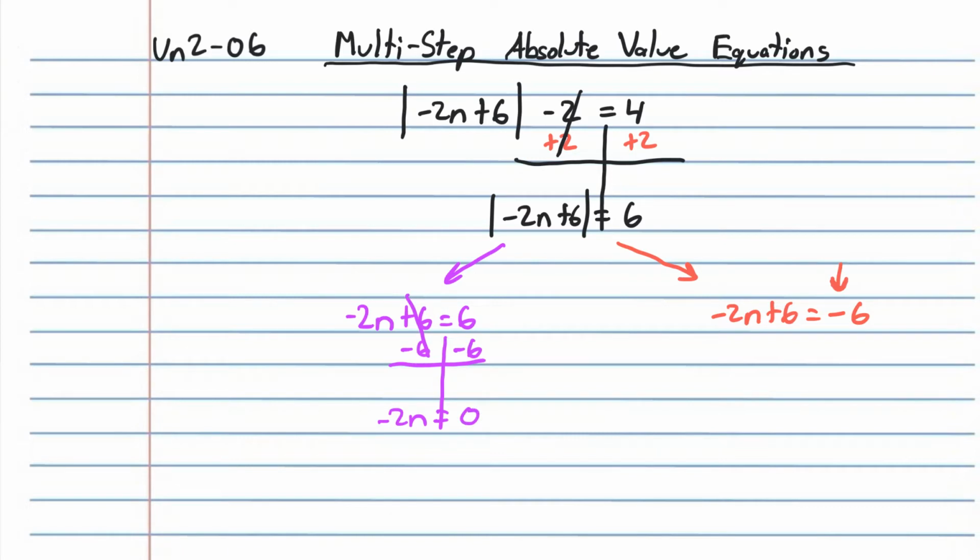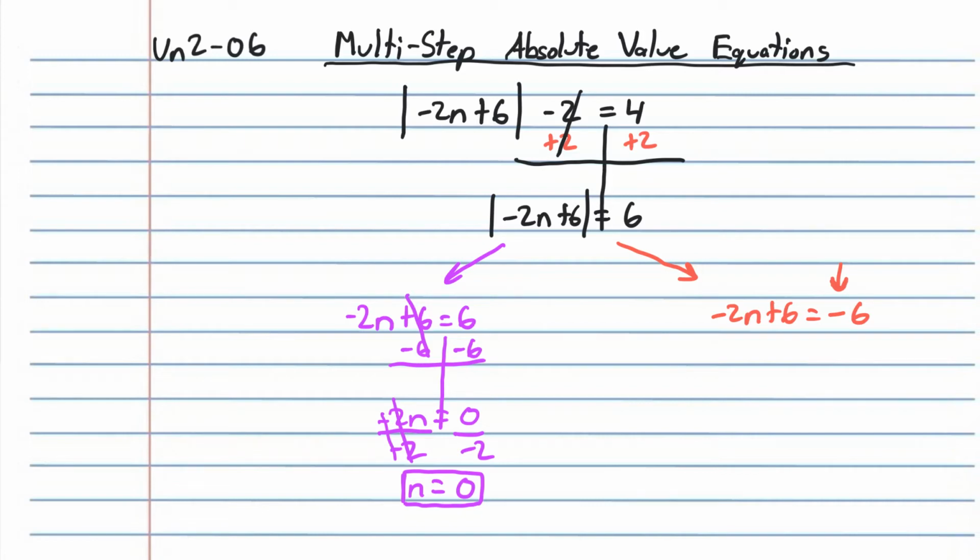Okay, to get rid of that 2, it's attached, so let's divide both sides by negative 2. So the negatives cancel and the 2's cancel. And nothing divided into two equal piles is still nothing. Okay, so one of our answers is 0. Perfectly fine. 0 is definitely an acceptable answer. It's a number just like everything else.